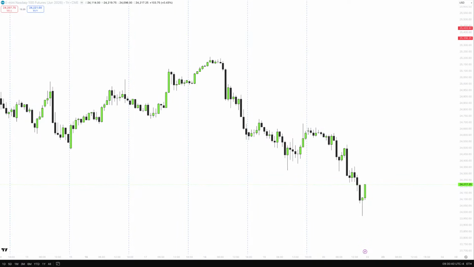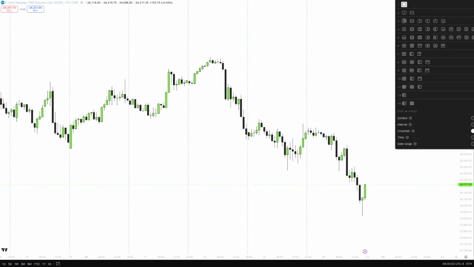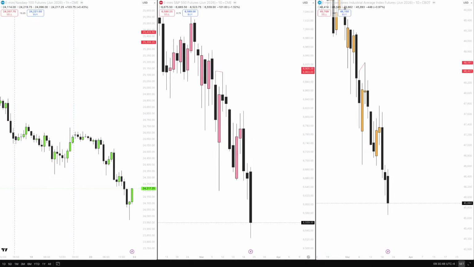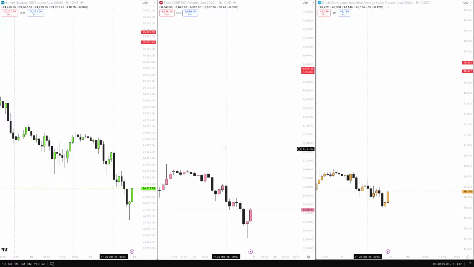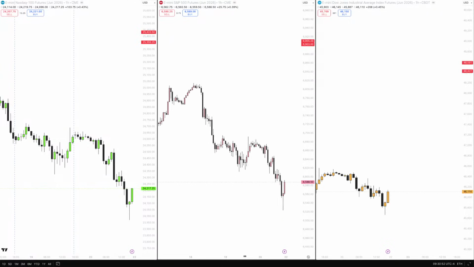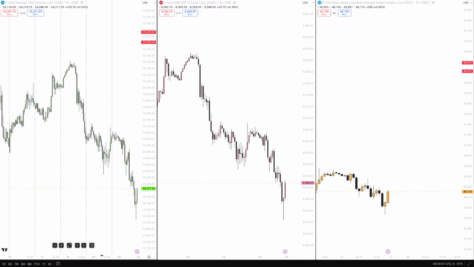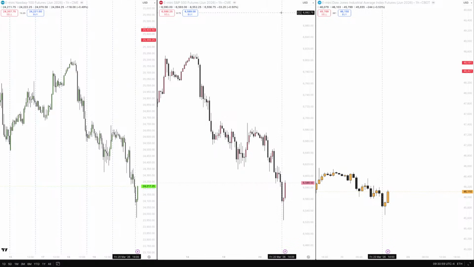And actually, let's open up the other indices as well on the 1 hour time frame. So, as you can see here, this is previous week, and we opened up at 6 p.m. on Sunday.